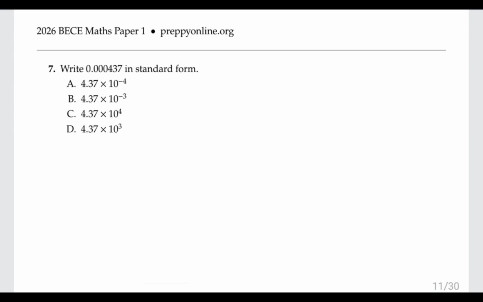Write 0.000437 in standard form. In writing a number in standard form, we want to write it as something point something times 10 to the power something.